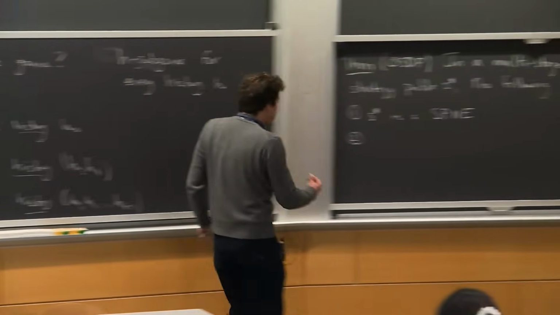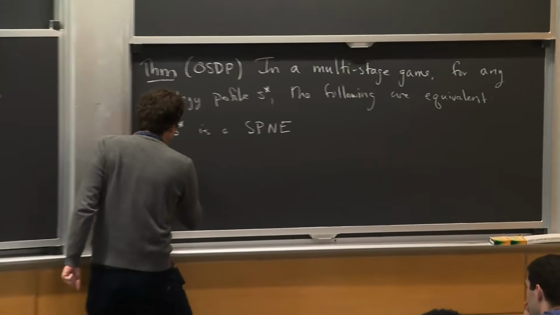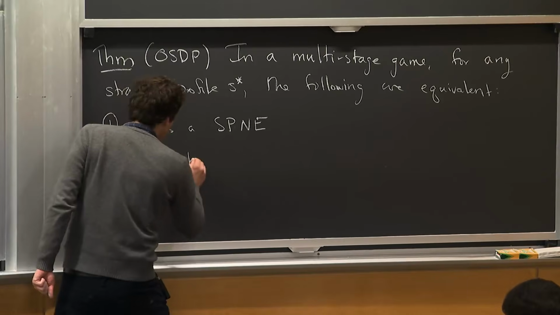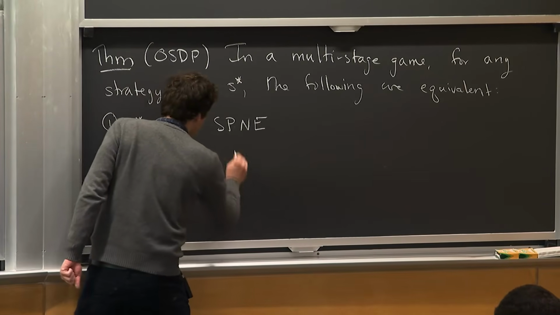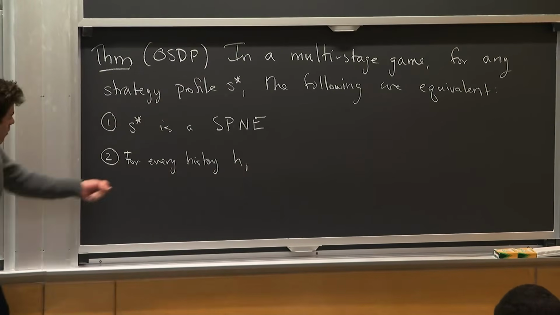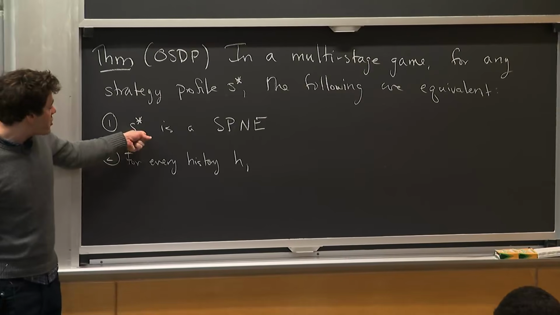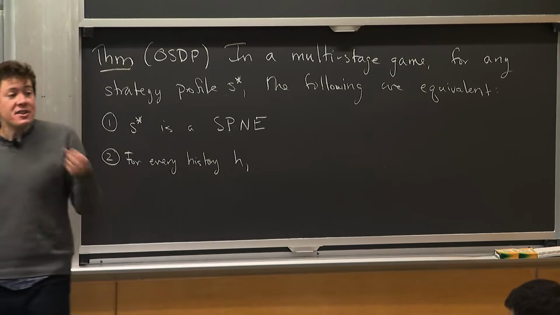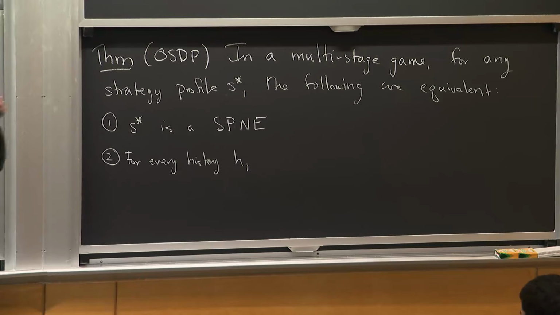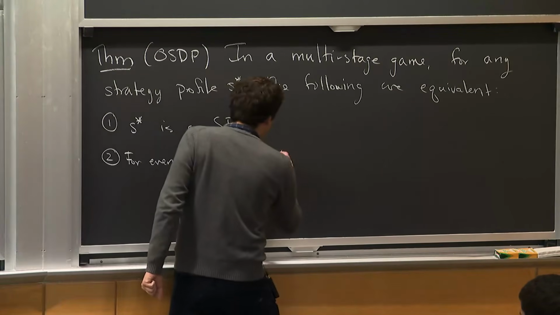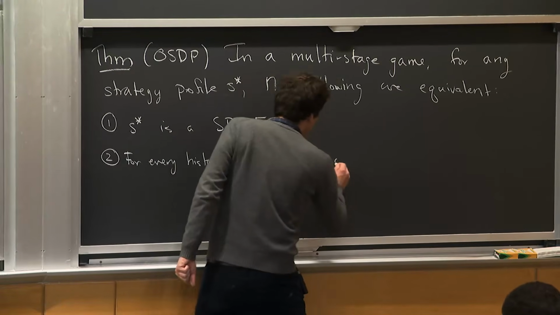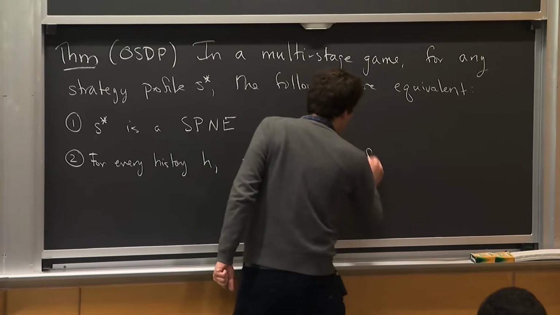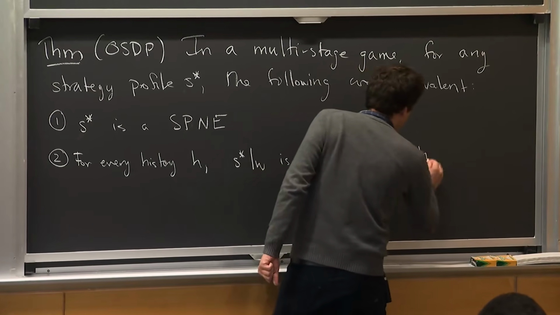So we'll say, if and only if, for every history H, the restriction of S star to the H subgame is a Nash equilibrium of the H subgame. So for every history H, S star H is a Nash equilibrium of the H subgame.